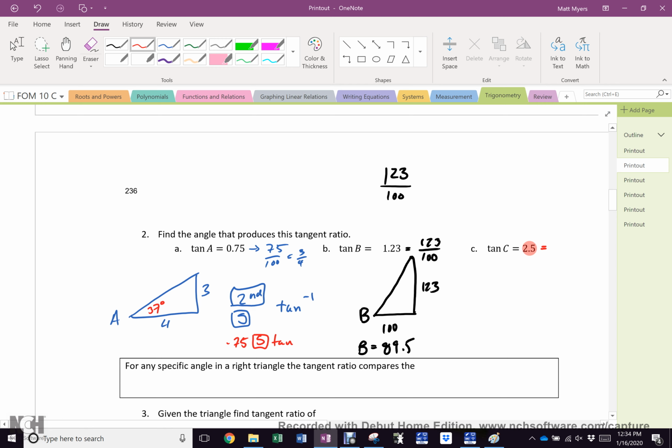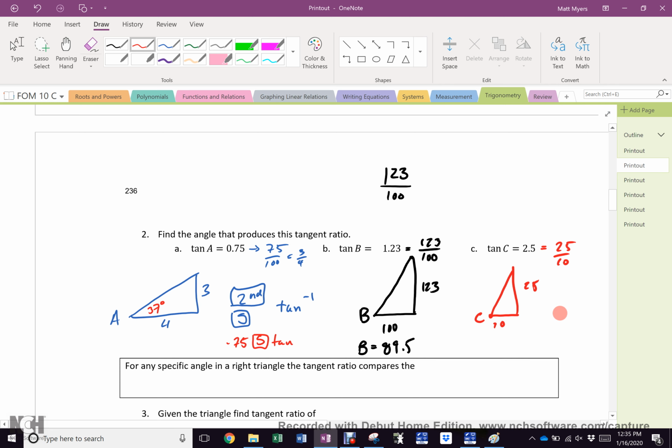What then will this one look like? What is that as a fraction? Jacqueline? 25 over 10. So what will the triangle look like? There's angle C. How far do I go this way? How far do I go up? Could I go this way 100?